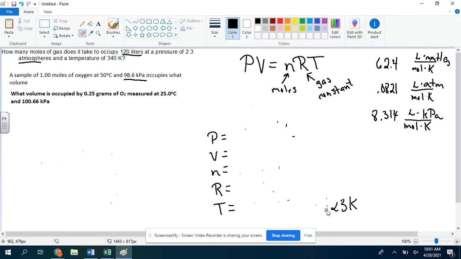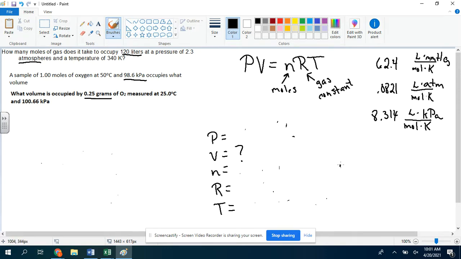All right. So in that last problem, it says what volume. So I can already tell they're going to be looking for volume, right? What volume? I'm going to put my question mark here. Is occupied by. Now, what you have to realize when they give you grams, they're actually giving you moles. You just got to do a little bit of work.